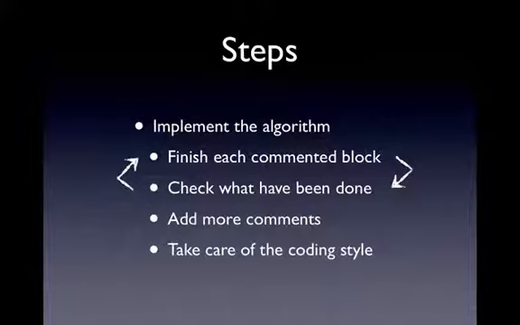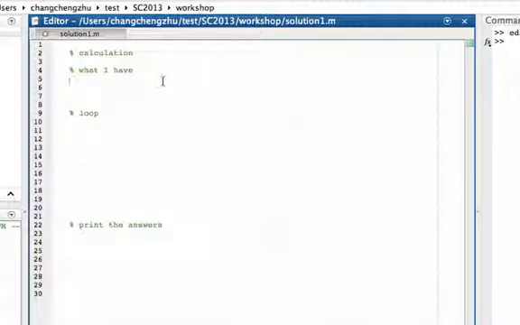Let's have a look at how we can implement our algorithm. To implement the algorithm, we will do it step by step. First of all, we will need to implement the part that I have. According to the algorithm and the question, I have a vector v.